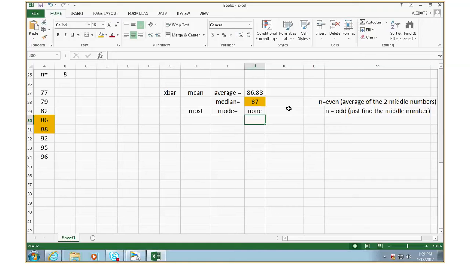See, what are these? These are numbers. If 86 showed up twice, you would put 86 because it shows up the most. But if you put 0, what is 0? It's a number. And that teacher is going to say, well, there's no zeros in the list, even though you meant nothing. I'm just telling you, don't put 0, unless it shows up 3 or 4 times.